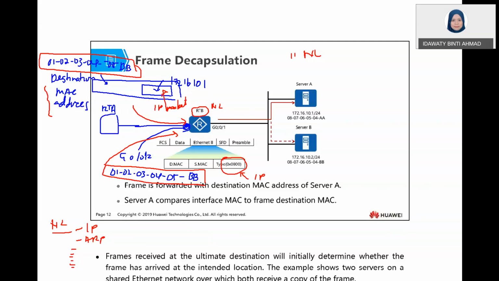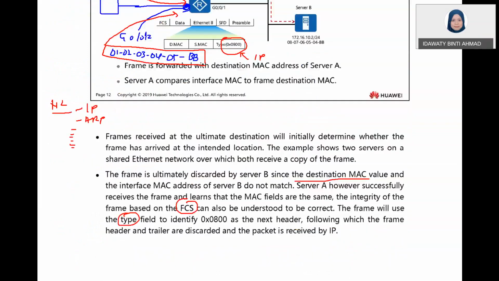Now, when they decapsulate, they need to look into the type field, and then bring it to the network layer. So the header and trailer are discarded, because they are only to manage the communication.